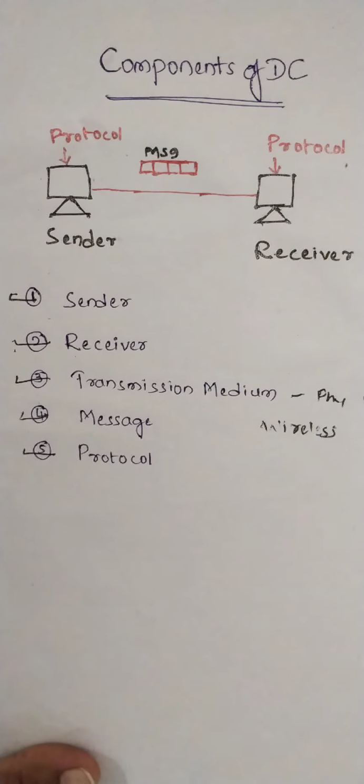The protocol is a set of rules that are obeyed by the data communication system. So these are the five components necessary to communicate. Communication happens between the two devices.